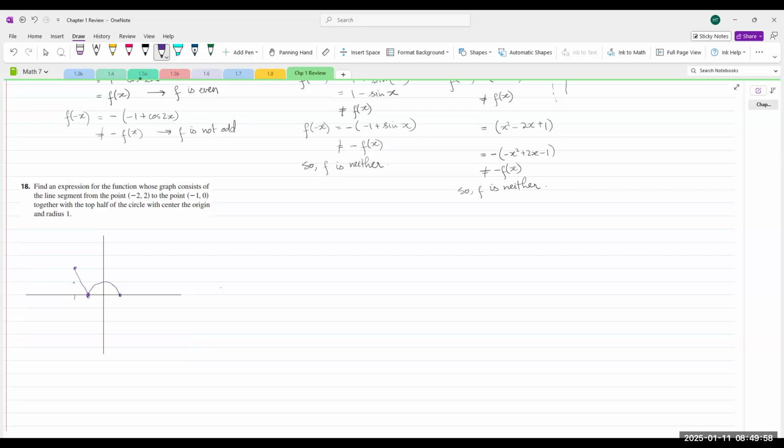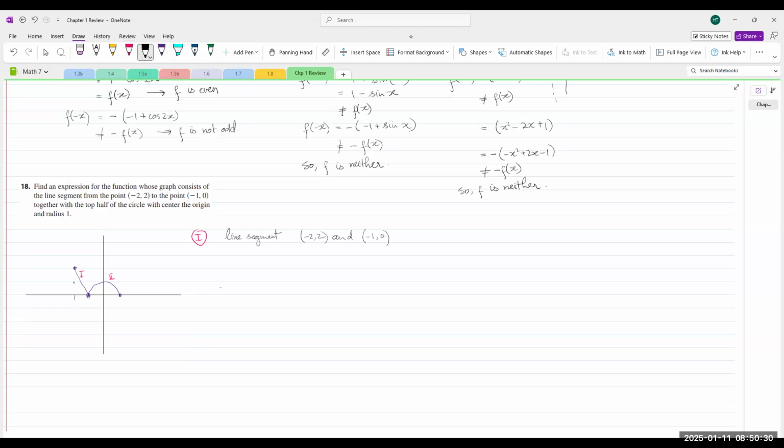Let me sketch that first. So this is basically a piecewise defined function. Let's call this the first part of the graph, and this is the second part of the graph. I will first work on the first part, the line segment containing (-2, 2) and (-1, 0).